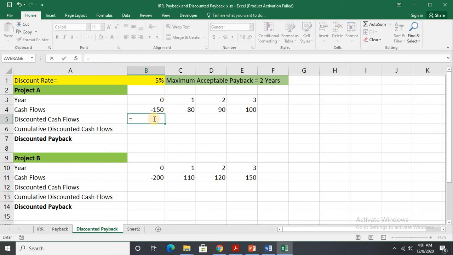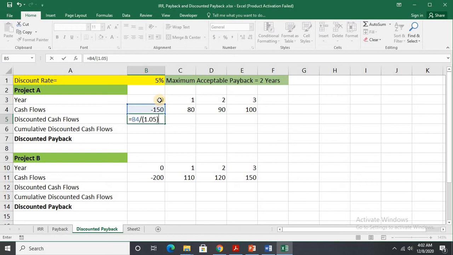So once again equal sign and select this cash flow, which is the initial investment at time 0, divided by first bracket 1.05. 0.05 is the discount rate, which is the 5%.